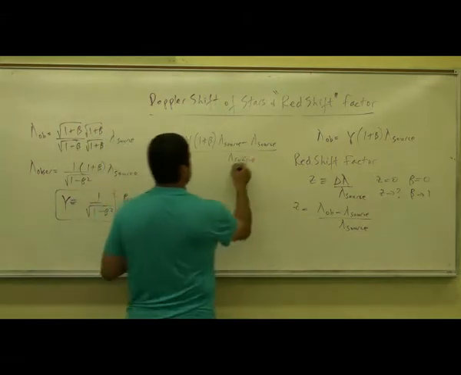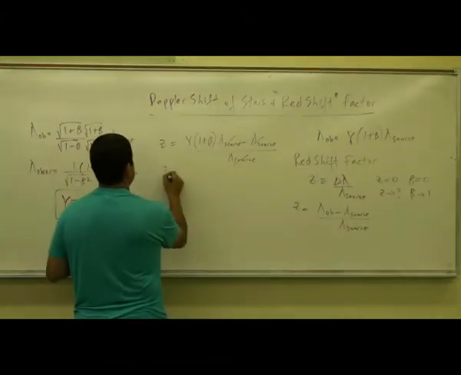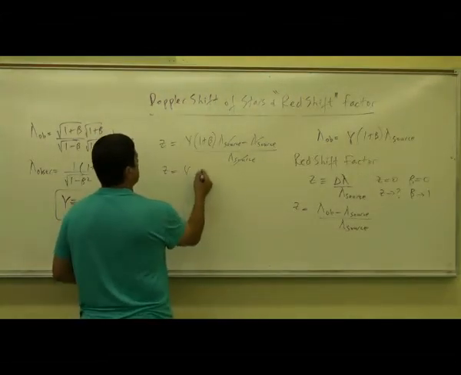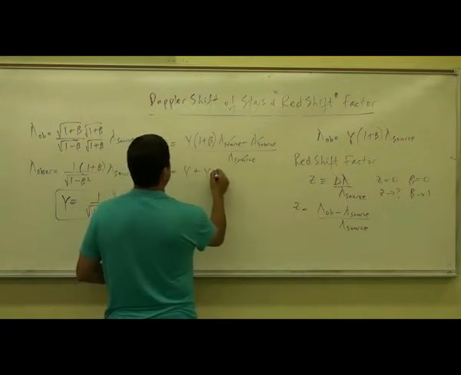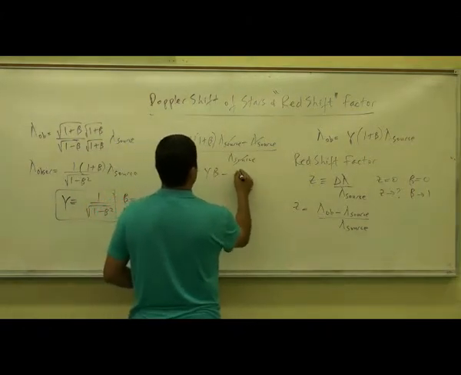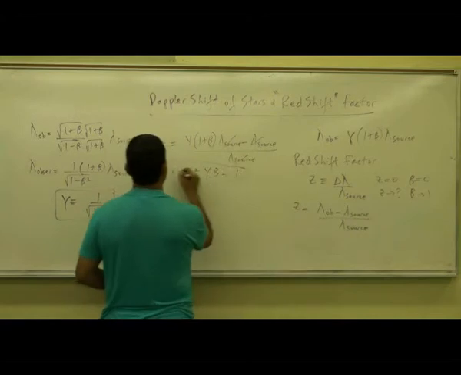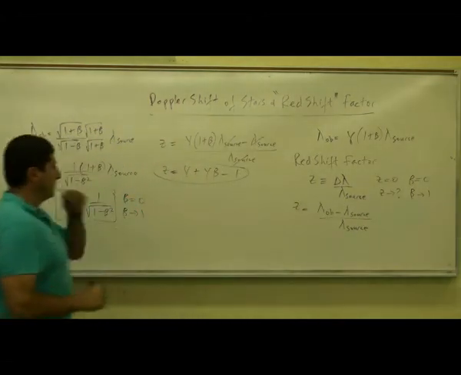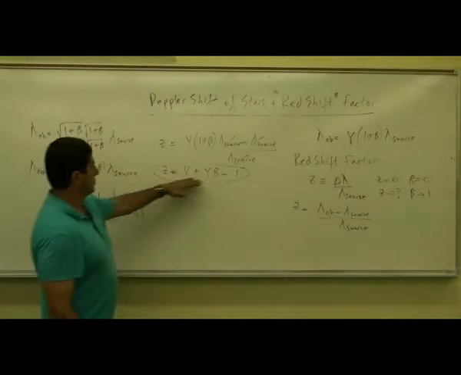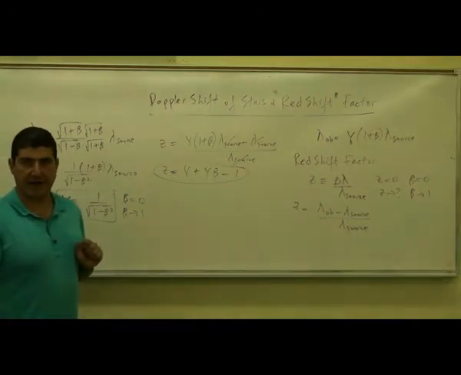And so lambda source, lambda source, lambda source cancel, so you have Z is equal to gamma plus gamma beta minus 1. Okay? So according to this equation, that's the redshift factor, right?